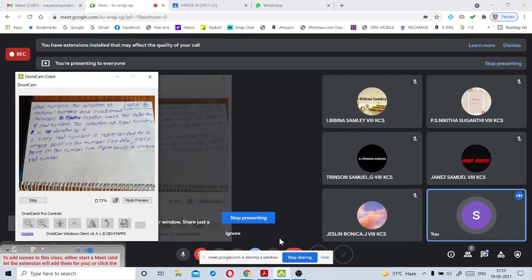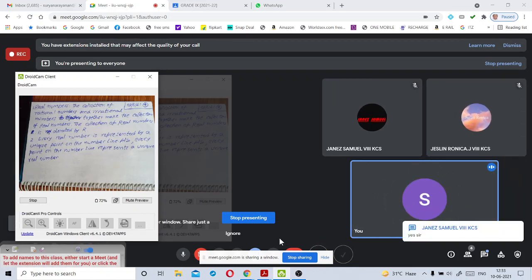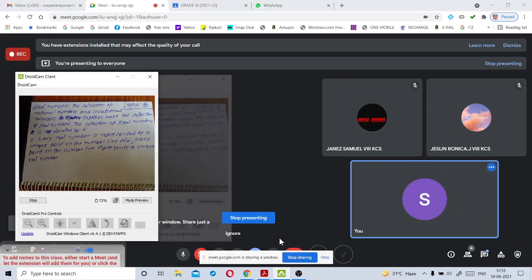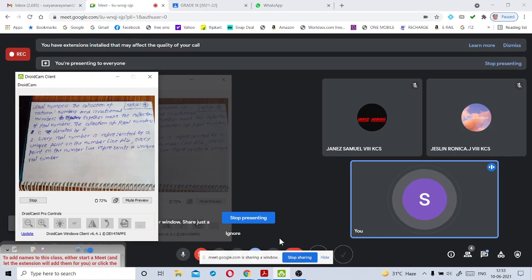Yes, 5 is not an irrational number because 5 can be written as 5 by 1. Yes or no? We expressed the number 5 in the form of P by Q. Then what are the numerator and denominator? 5 is an integer and the denominator is also the integer 1.